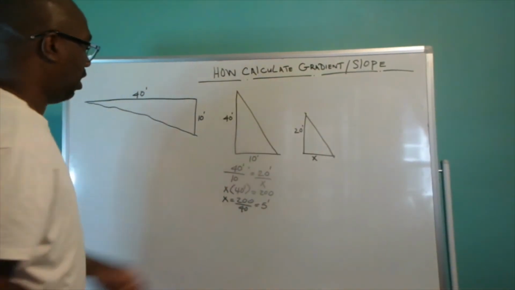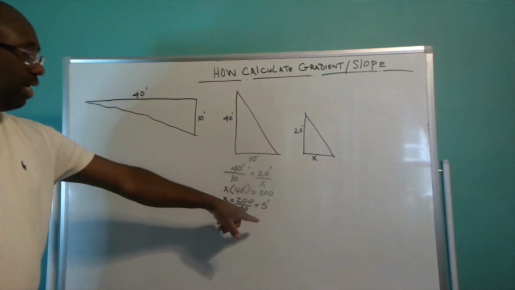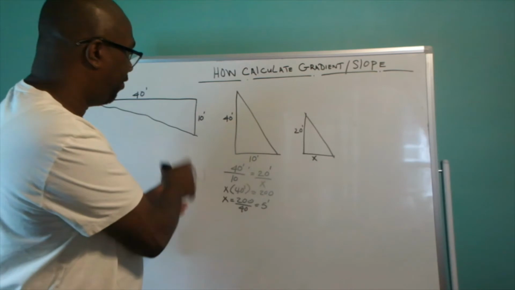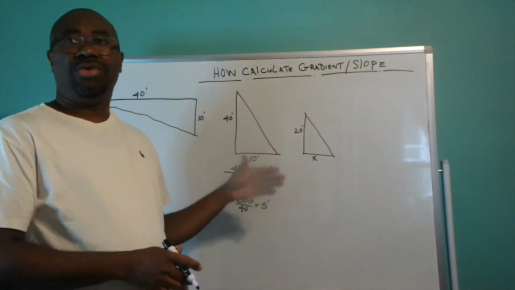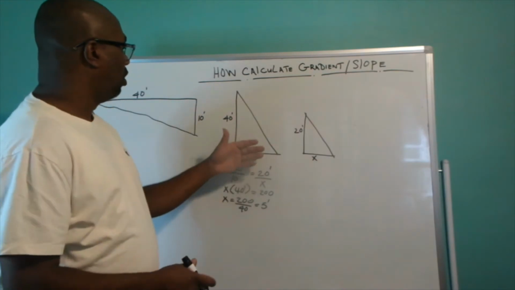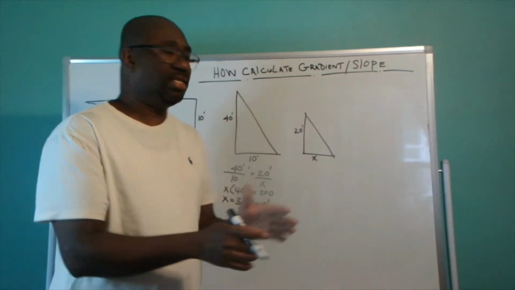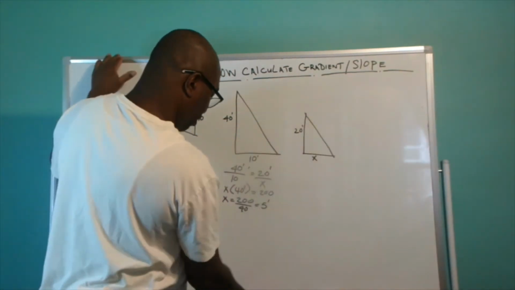So we come back at the 5 feet, using the method that we used for the first example. So this is an alternate way how you can use similar triangles to come up with the gradient at a particular length of your land, right?